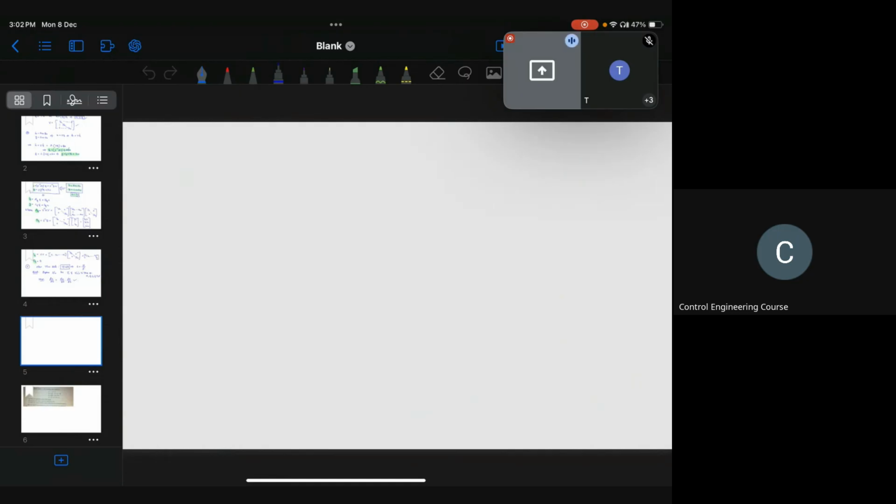Let's write them down again. So x dot is equal to Ax plus Bu, y is equal to Cx plus Du. Here x dot is nothing but dx by dt, where x is x of t. Now what is our question?